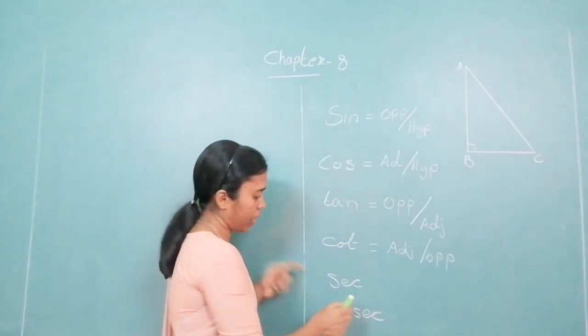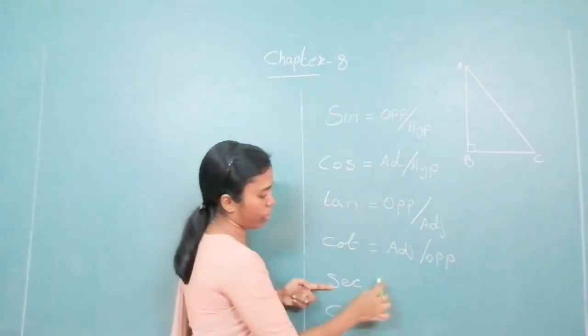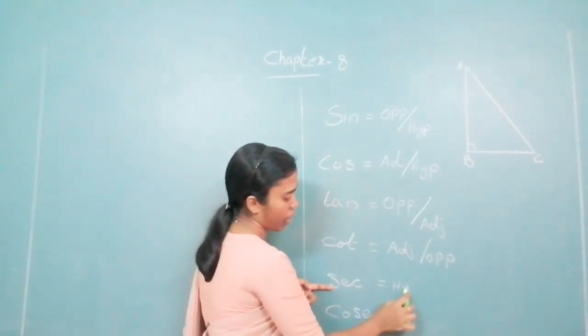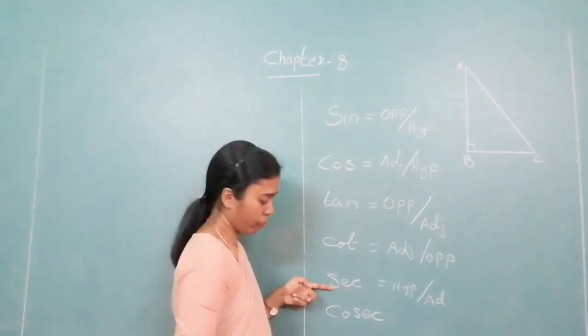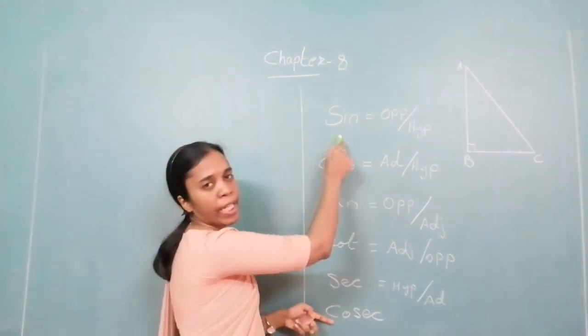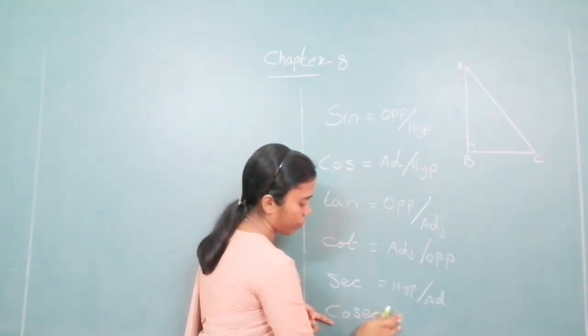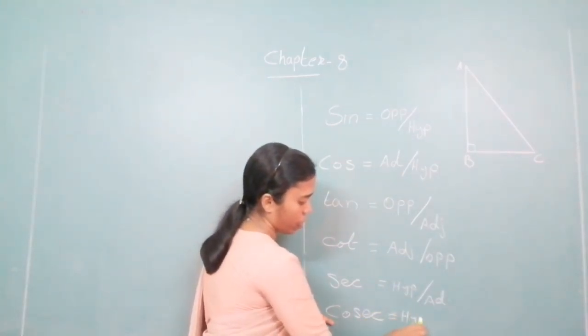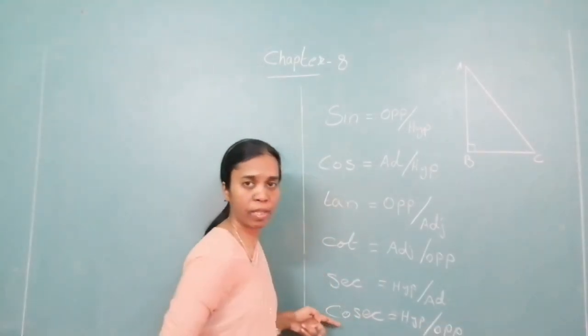Sec is inverse of cos. So that will be hypotenuse upon adjacent. Cosec is inverse of sine. So that will be hypotenuse upon opposite.